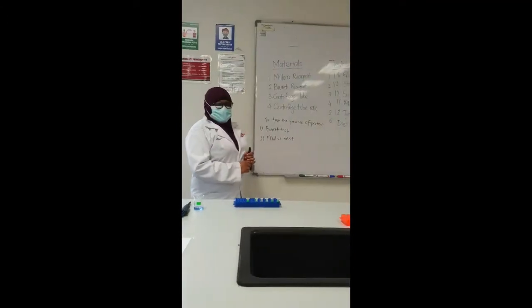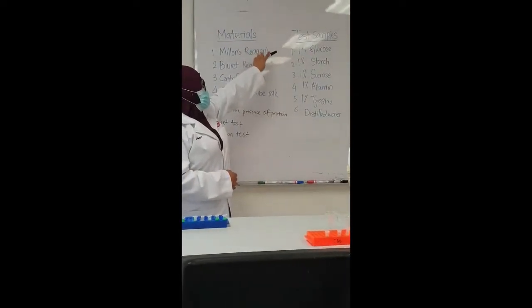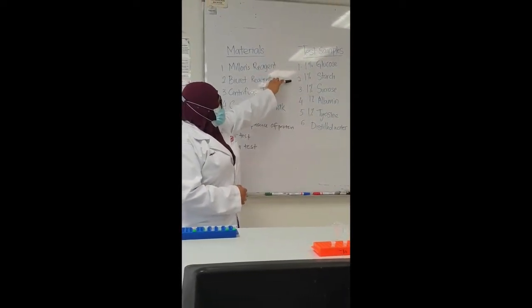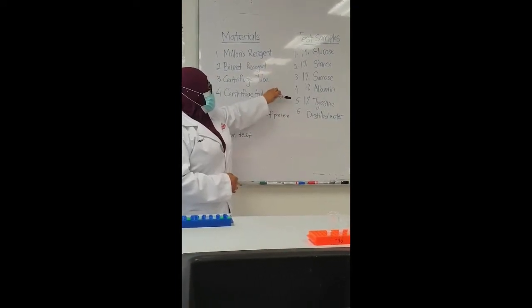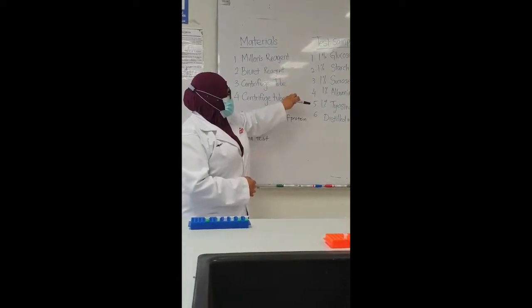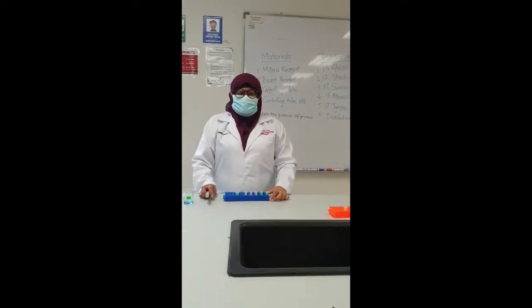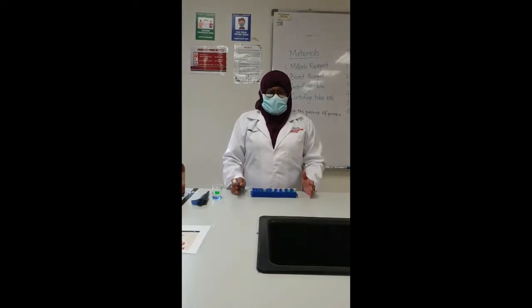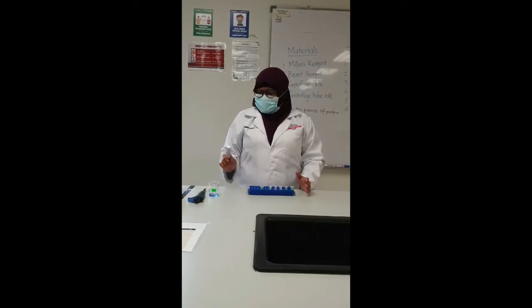The test samples are 1% glucose, 1% starch, 1% sucrose, 1% albumin, 1% tyrosine, and lastly distilled water. First, I'm going to demonstrate the lab procedure for the Biuret test.